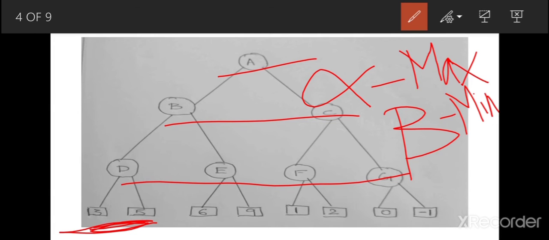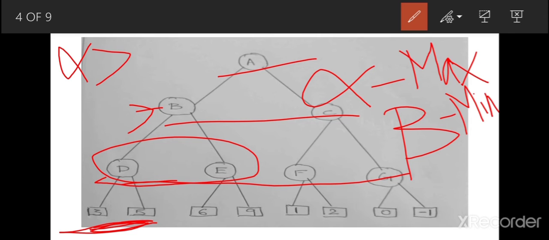And there is a condition for alpha and beta: alpha should be greater than or equal to beta. That is the condition in alpha beta pruning.